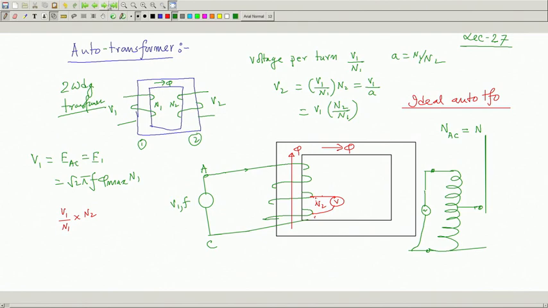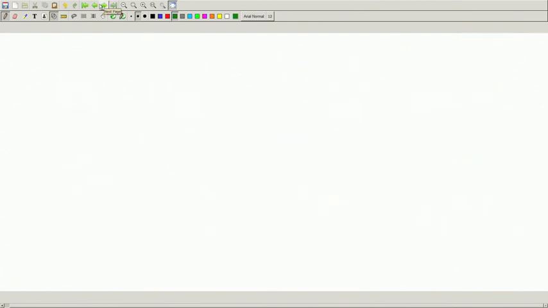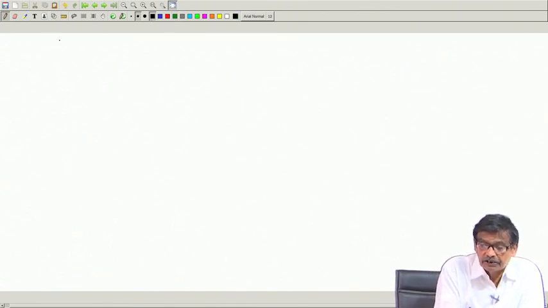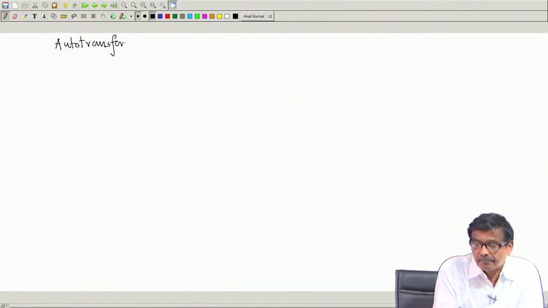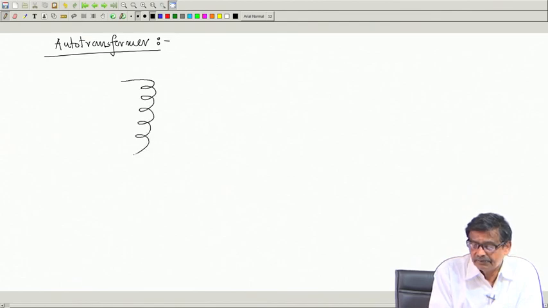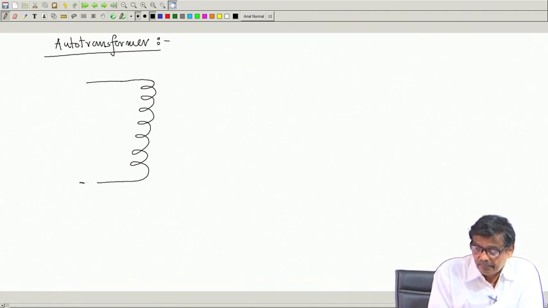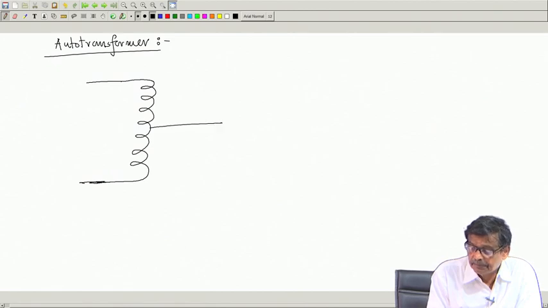And let us draw a nice picture here, so that we know what is happening. So, auto transformer. It is like this, this is the coil, I will draw this way. And here is your tappings taken.